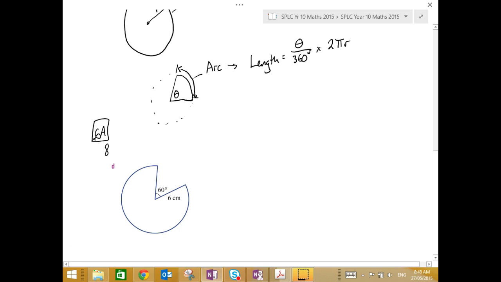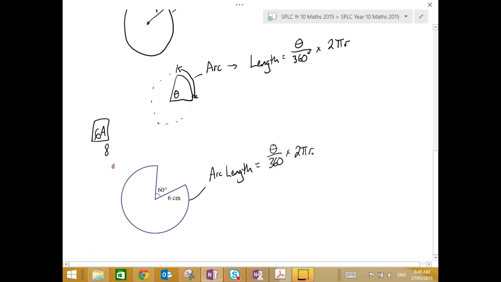If I want to find the total perimeter of that, I would find the arc length first. The arc length equals a fraction of 360 multiplied by 2 pi r. Fill in the things we know.